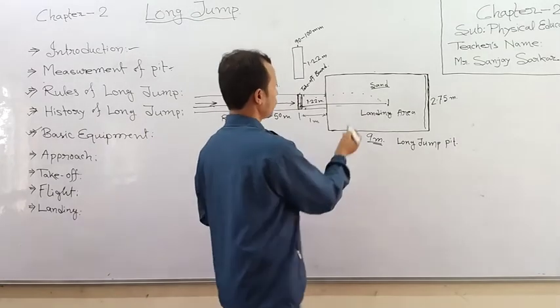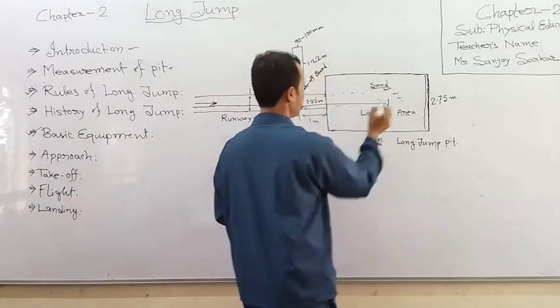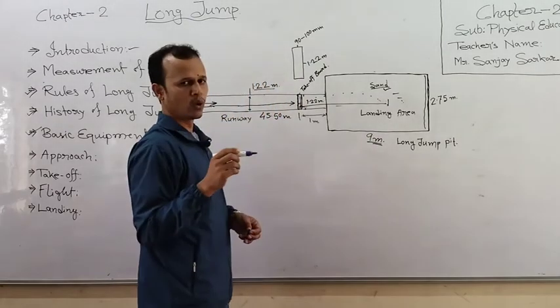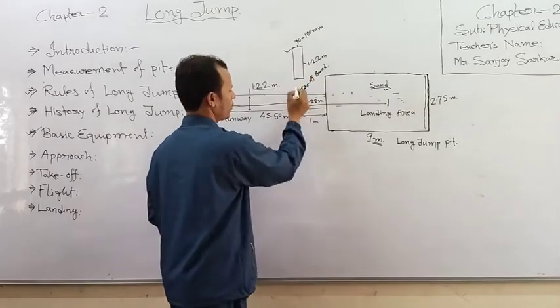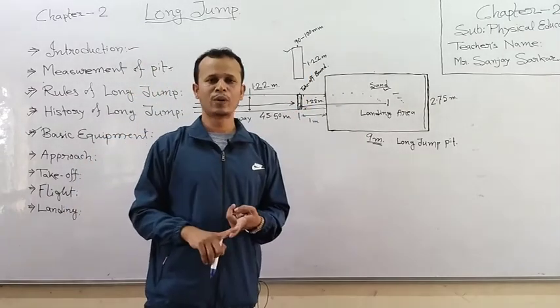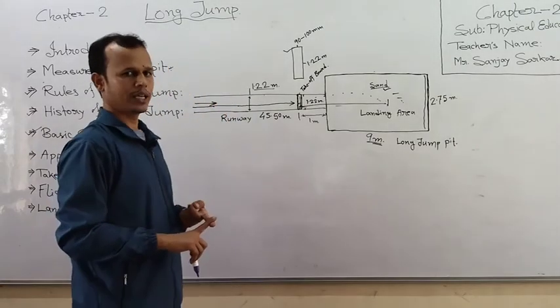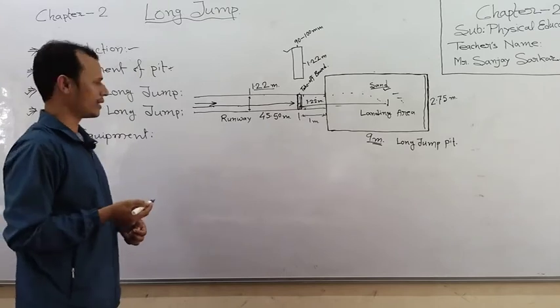Then we fill the pit with sand. One take-off board is required, and it will be placed here. And the measuring tape, lime powder, whistle, etc. are needed for conducting the long jump event.